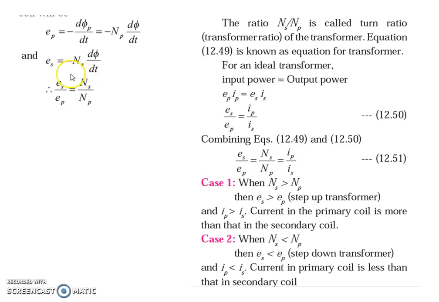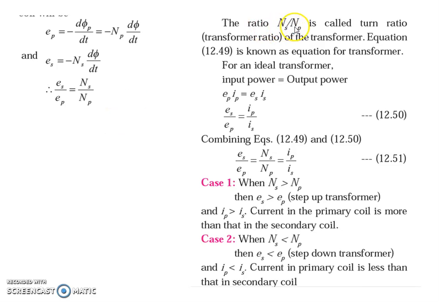So if you take the ratio of these two, that is Es upon Ep, we get Es upon Ep is equal to Ns upon Np. So this d phi by dt gets cancelled, this minus sign gets cancelled, and therefore we get Es upon Ep is equal to Ns upon Np.